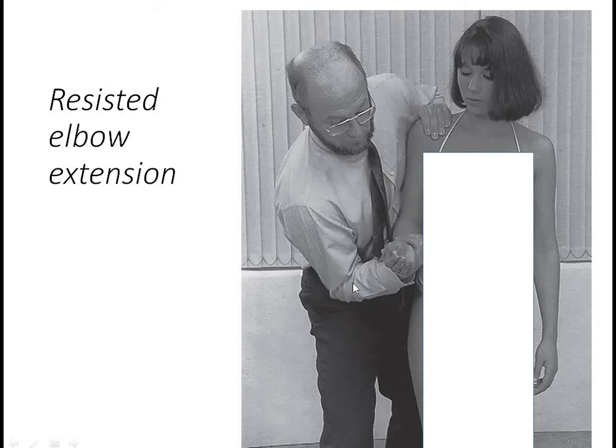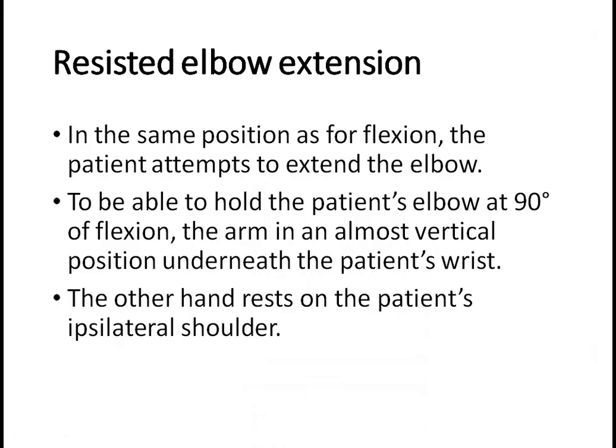So, the therapist's arm should be just underneath the wrist and almost vertical to that wrist of the patient. The other hand rests on the patient's ipsilateral shoulder like the resisted elbow flexion, and unlike the resisted elbow external and internal rotation.